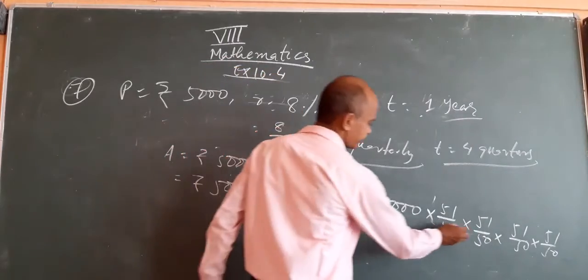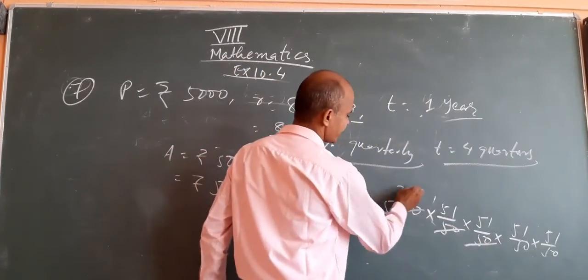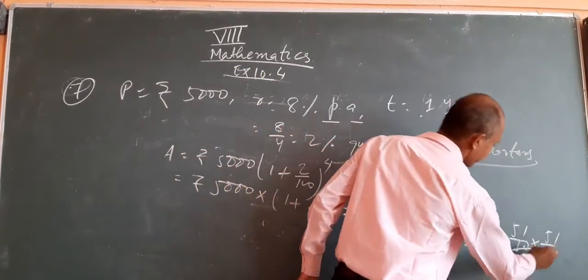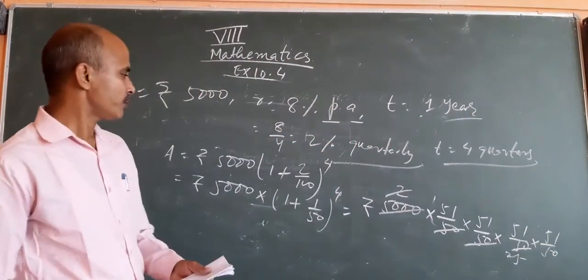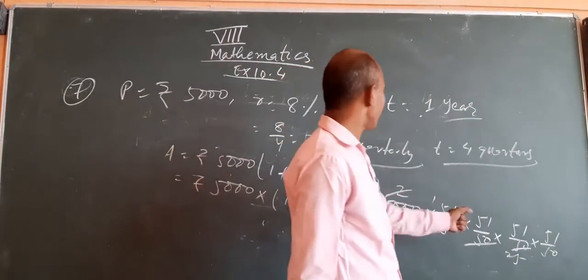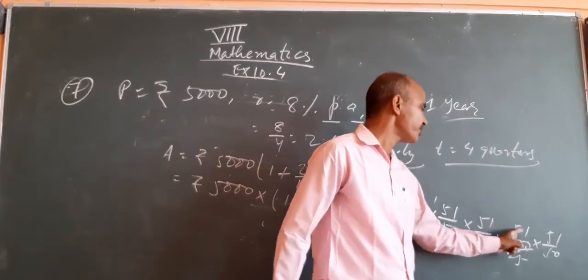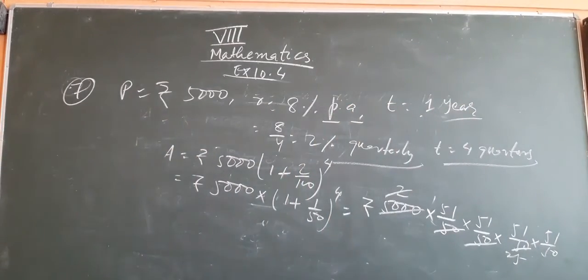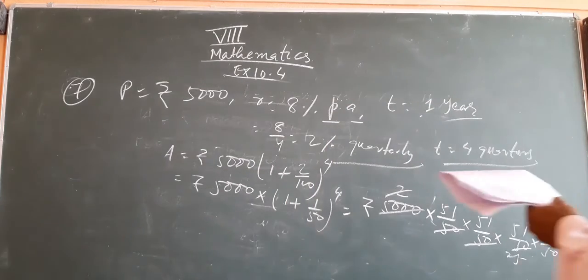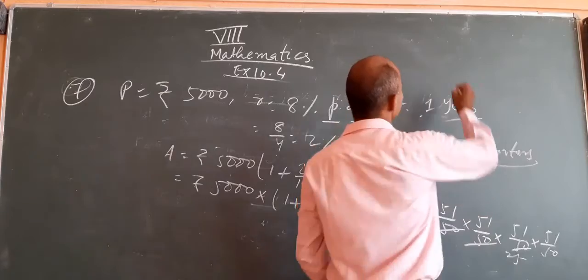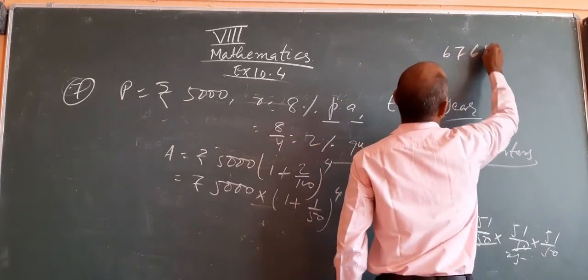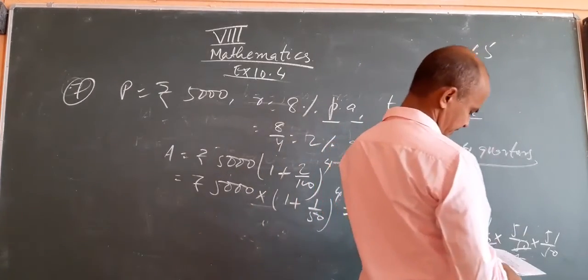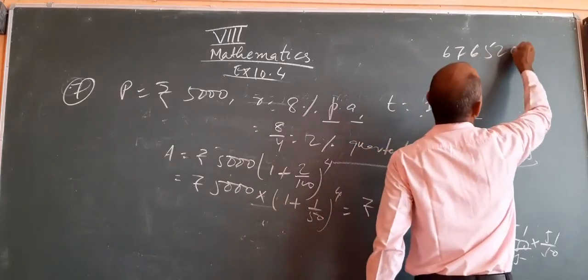We can cut 2 times 25 is 50. Now in the numerator, 51 into 51 into 51 into 51, 4 times 51 you have to multiply. If you multiply 4 times 51, you get 6765201.